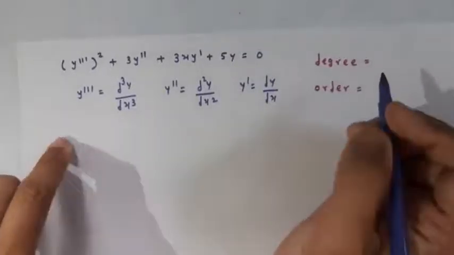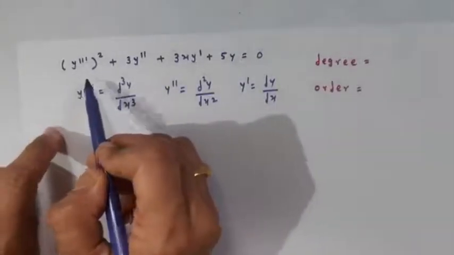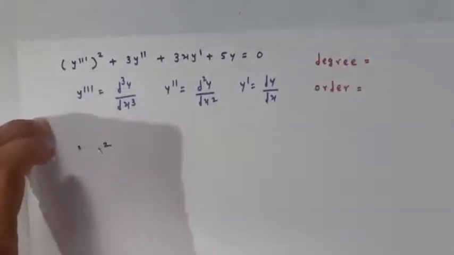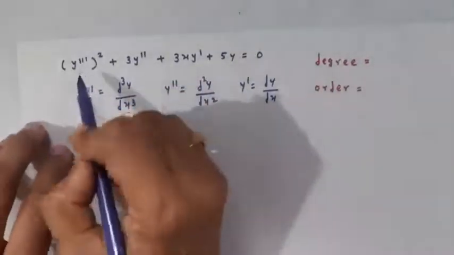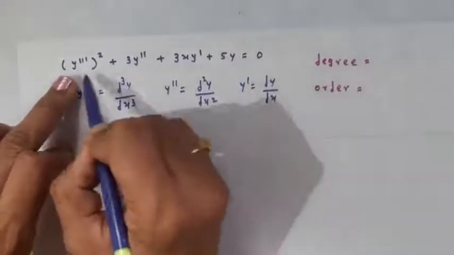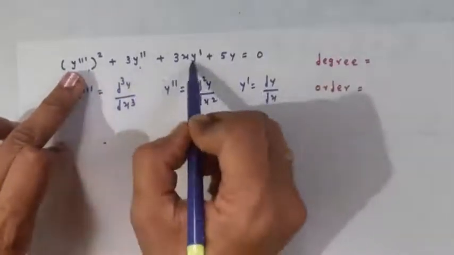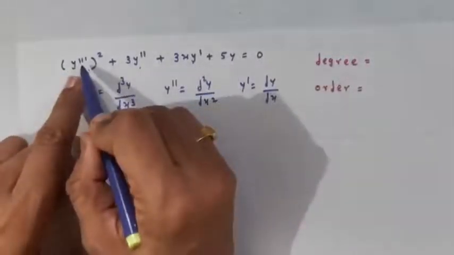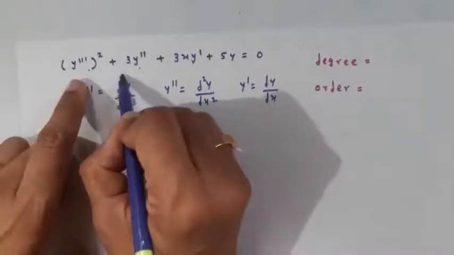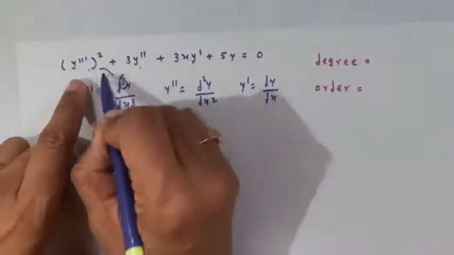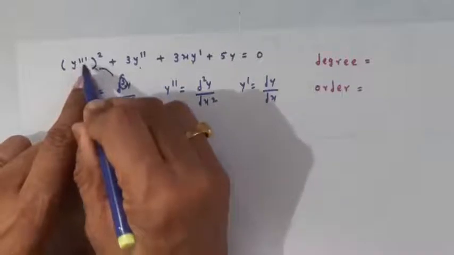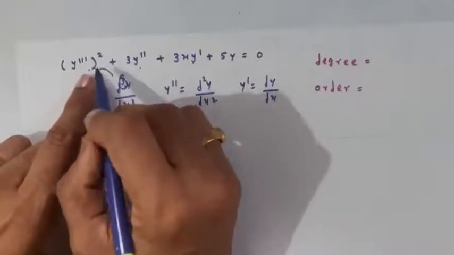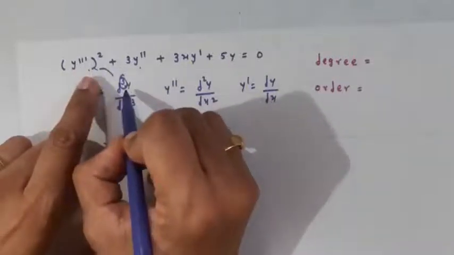Okay students, for this differential equation, the orders are third order, second order, first order. So which is the highest order?